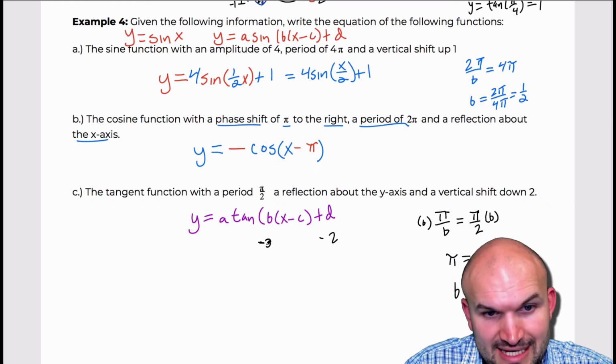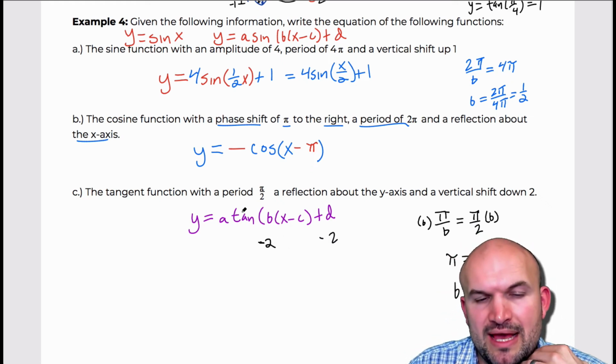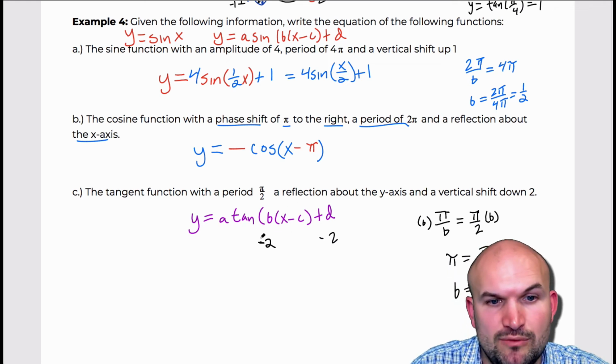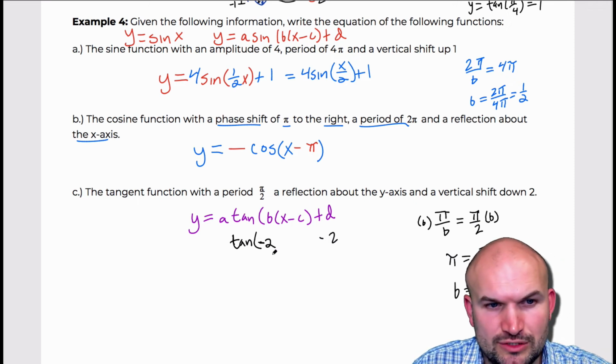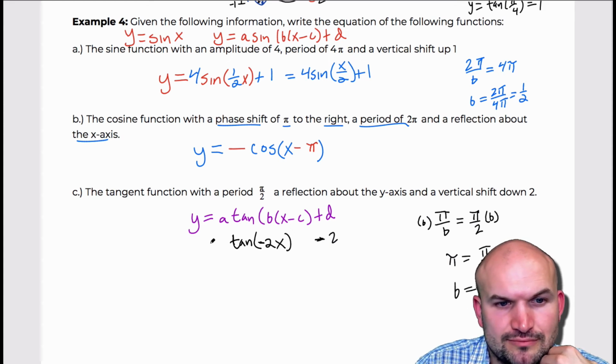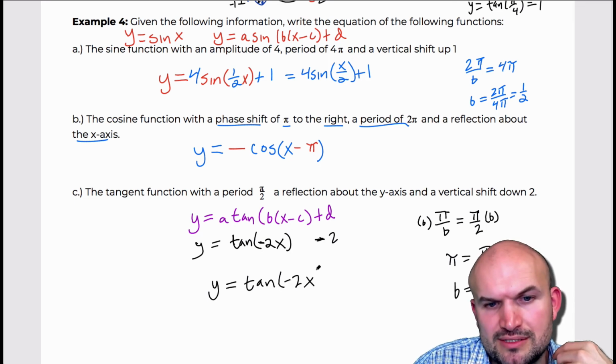So that's going to be a negative 2. So the 2 is giving us this new period, and then the negative is telling us to reflect about the y-axis. So I have my tangent function. And then there's no horizontal shift left or right. So that's just going to be an x and then minus 2. So let's just rewrite that nicely: y equals tangent of negative 2x minus 2.